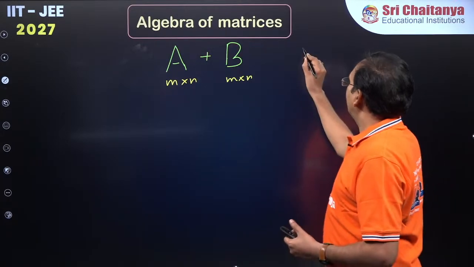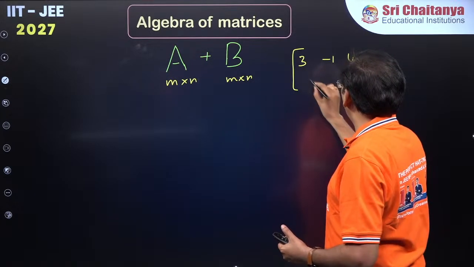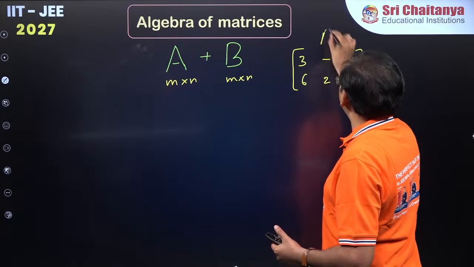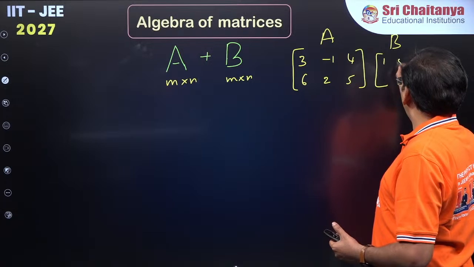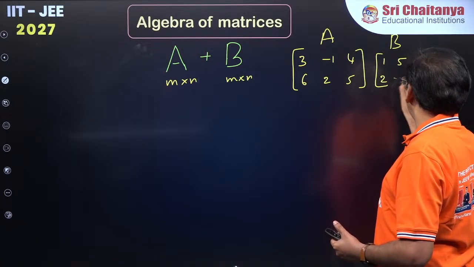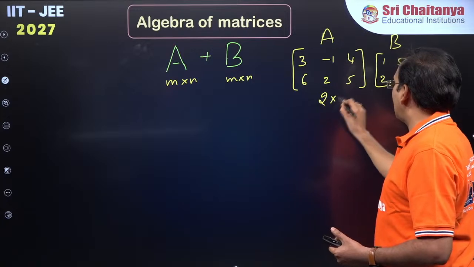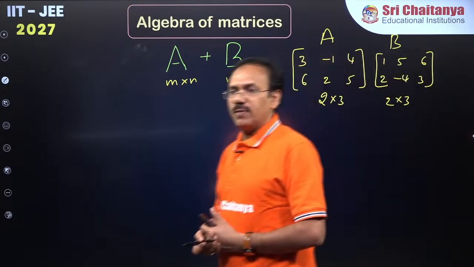Suppose, dear students, A is a matrix: 3, -1, 4, 6, 2, 5. Suppose B is another matrix: 1, 5, 6, 2, -4, 3. You see, the first matrix has order 2 by 3, the second matrix also has order 2 by 3.